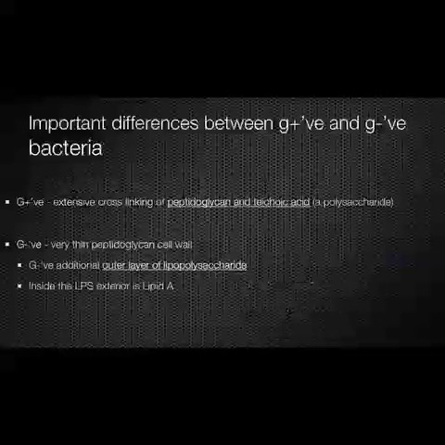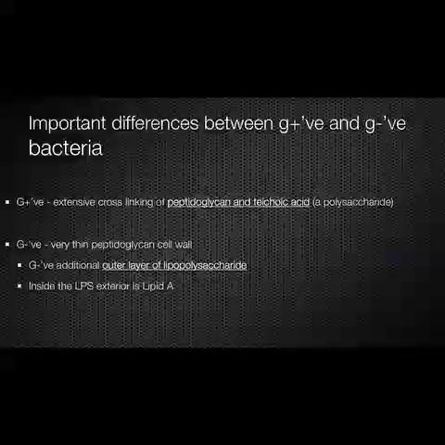Cool. So important differences between gram-positives and gram-negatives. This is quite a good overview, I think. Do you want to go through that? Fundamentally, gram-positive bacteria have a cell wall that contains extensive cross-linking of peptidoglycan and teichoic acid, which is a polysaccharide. Gram-negative bacteria, on the other hand, contain a peptidoglycan cell wall, but it's very thin.